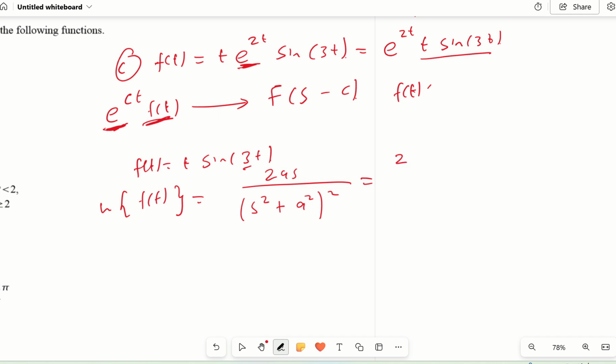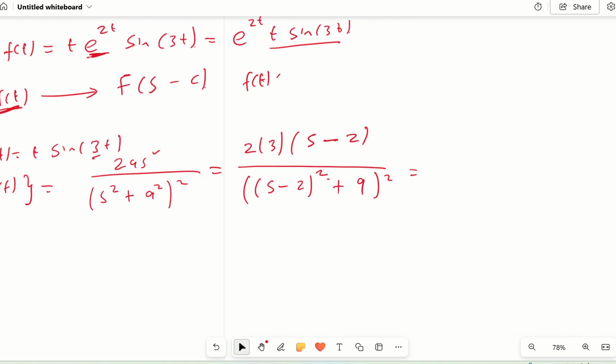Remember, our a is 3, and this is our s. We're substituting s minus c, but then our c is 2, all over s minus 2 squared plus our a is 3, and 3 squared is 9, all squared. So this should be your final answer.